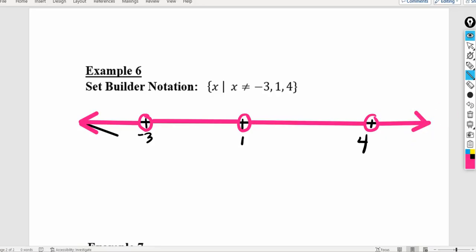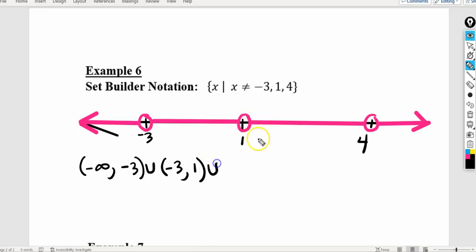And now to write it in interval form, I go from left to right. I'm coming in from -infinity up to, but not including -3, got to jump over it. There's a gap there. Then I want everything between -3 and +1, not allowed to be +1, got to jump over it. Then I want everything between 1 and 4, not allowed to be 4, got to jump over that.